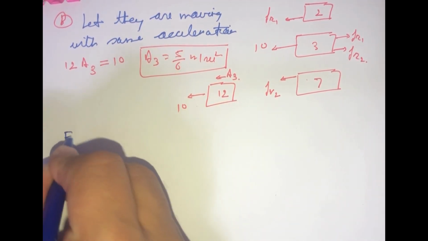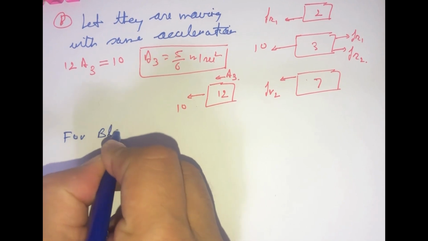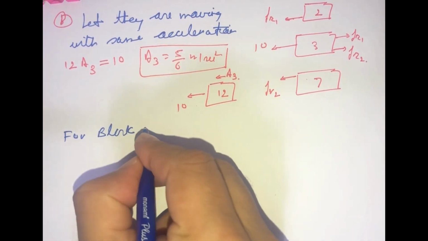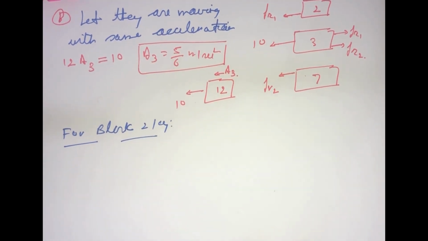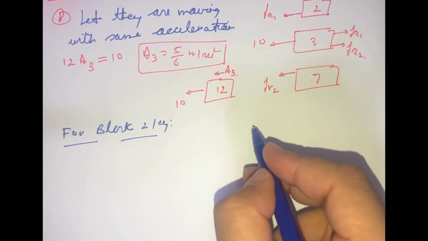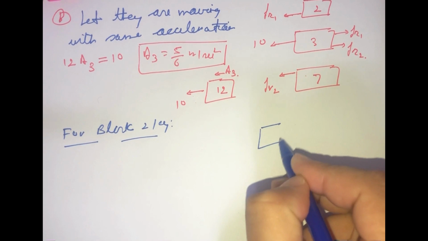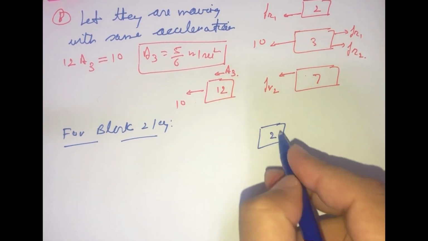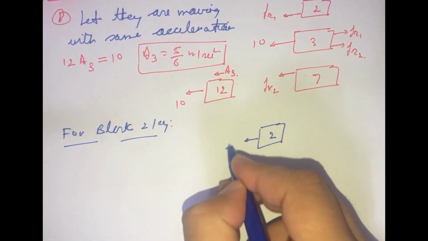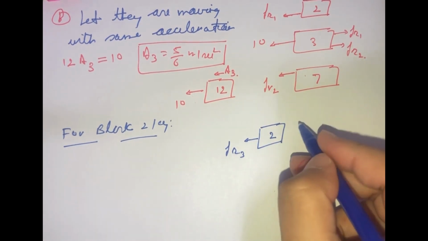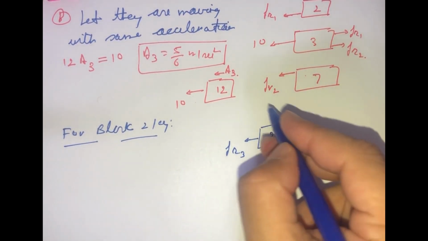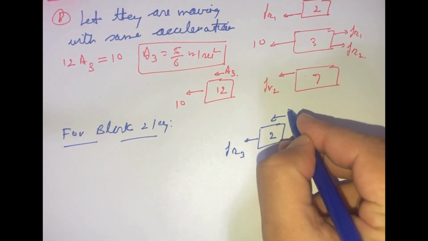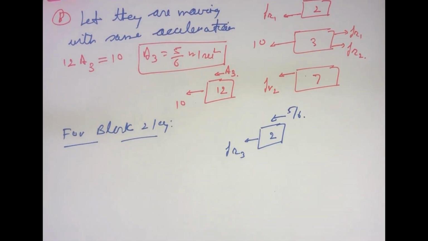So first of all, for the block of 2 kg. This is 2 kg and the force that is being applied here is FR3. Okay, and we already know the acceleration, that is 5/6.